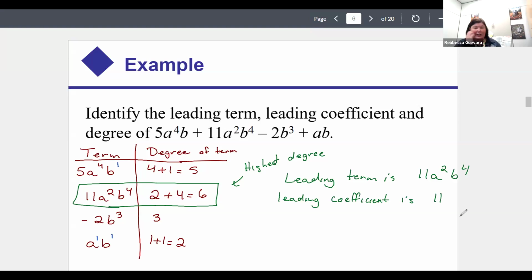And it may be silly to label that. We don't seem to be doing a lot with it, but we do something with leading coefficients and the degree of your polynomial later. And then the degree of the polynomial is going to be 6, because that was the degree of my highest degree term here.